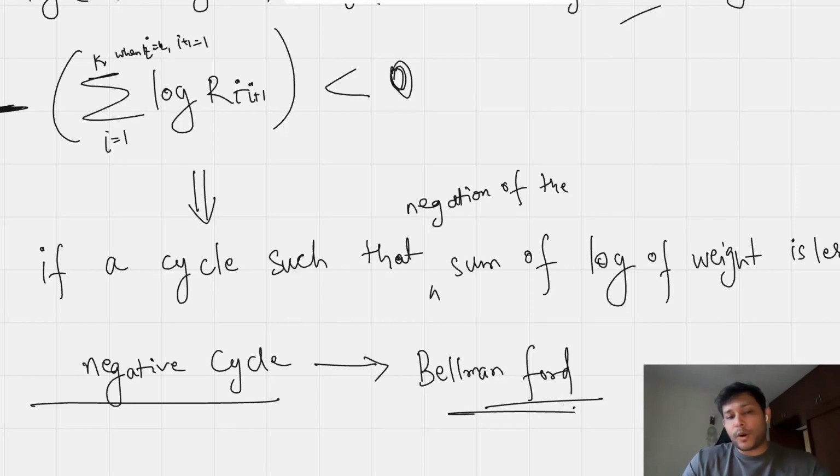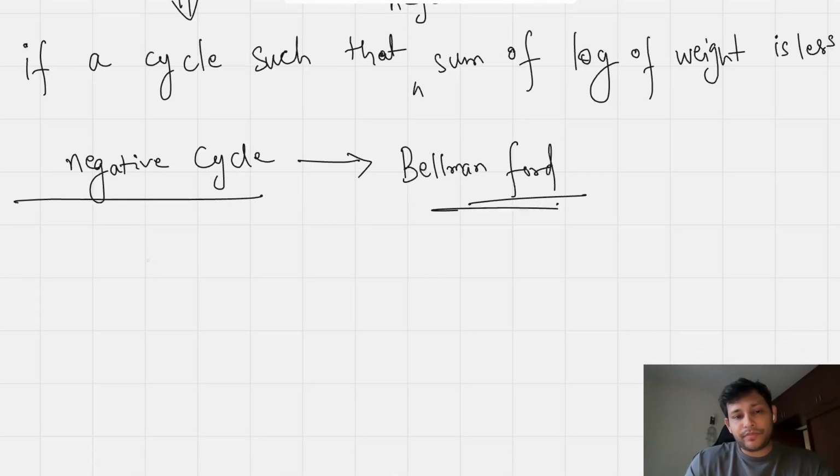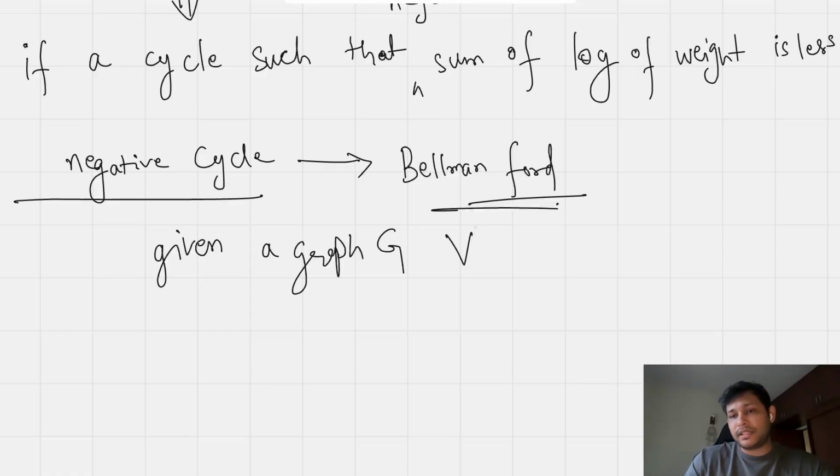Now, in Bellman Ford, the idea is you have been given a graph G which has V vertices and E edges, which consist of weights.